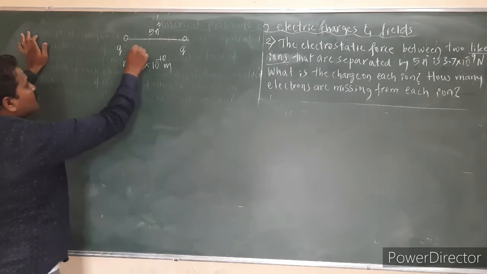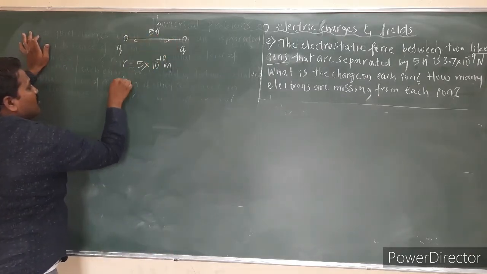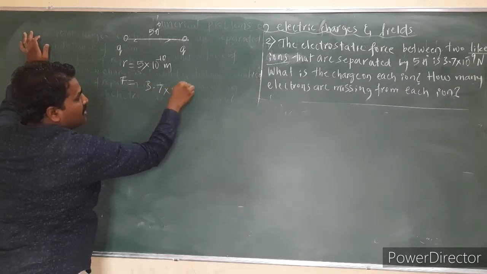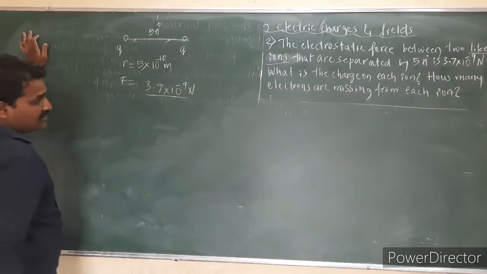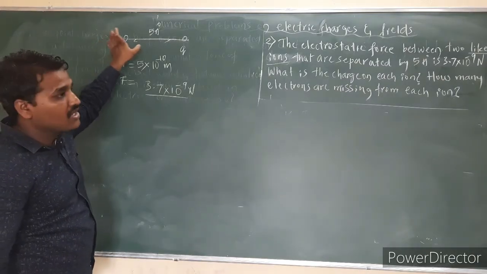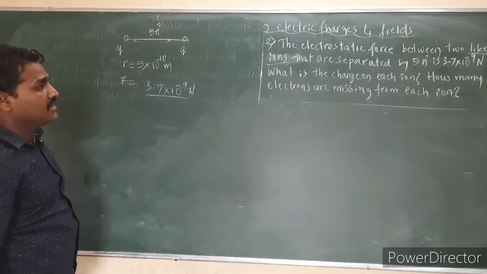Correct? And the force of repulsion between these two charges is F equal to 3.7 × 10^-9 newtons. I have to find out the magnitude of charge of each ion.